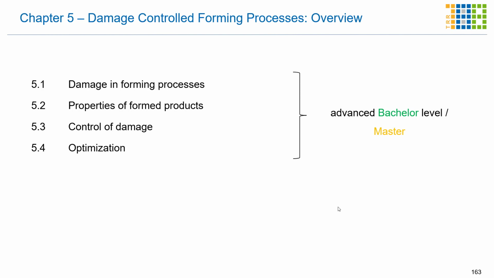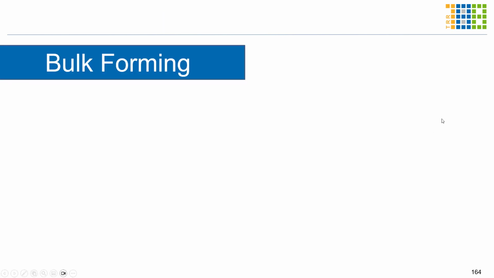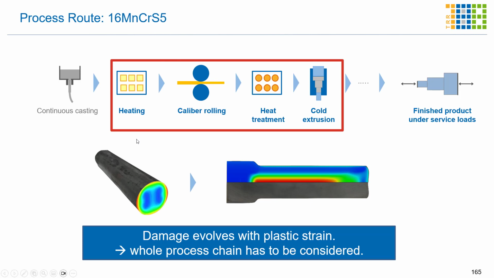Beginning with the bulk forming route, we will show you at first the classical process route for case hardening steel, beginning with continuous casting, then a heat treatment, followed by caliber rolling and an additional heat treatment, followed by cold extrusion, and then some additional manufacturing processes such as cutting of holes and additional heat treatments until we obtain the finished product under service loads.